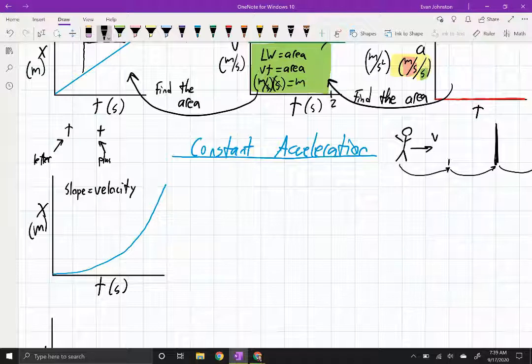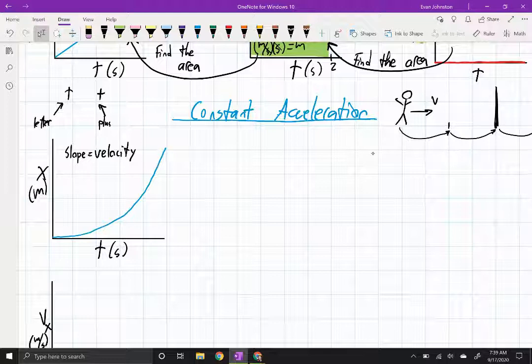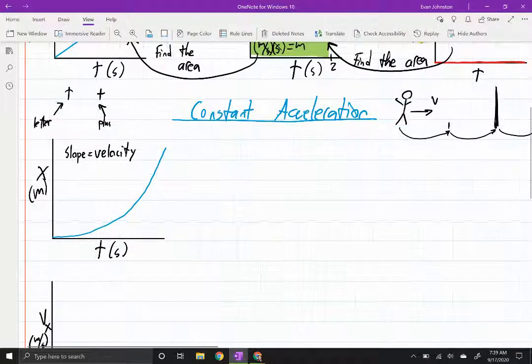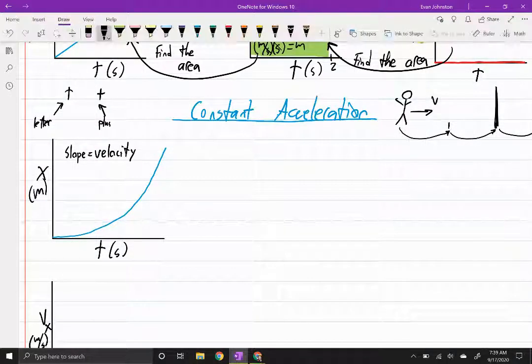So since the slope is getting steeper and steeper, I can see that this is something that's speeding up more and more and more. So I want to take a couple little notes over here on the right side, and I'm going to switch back to a lined piece of paper just for your sanity's sake.